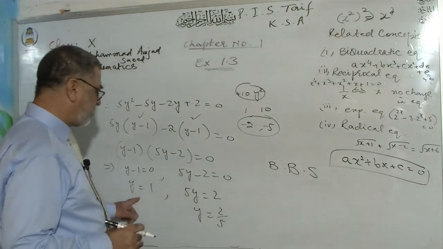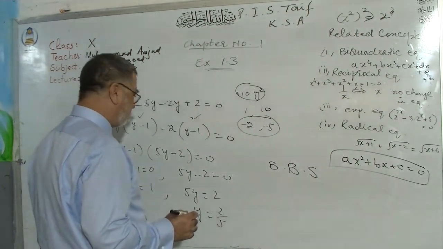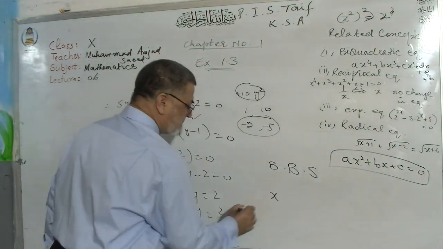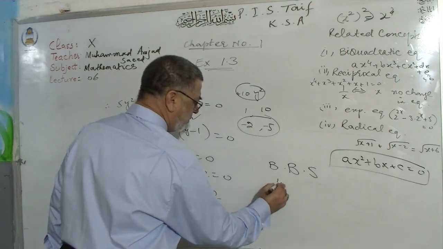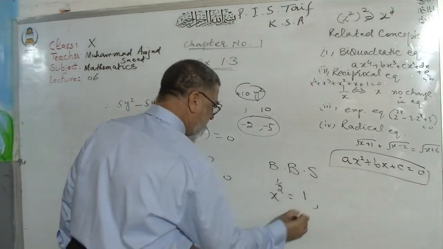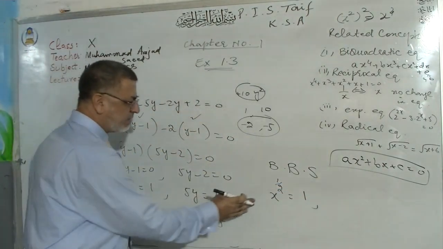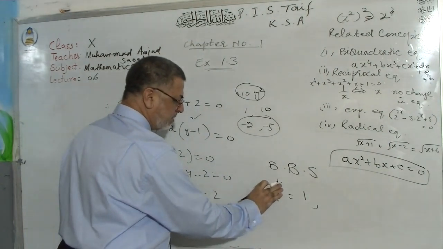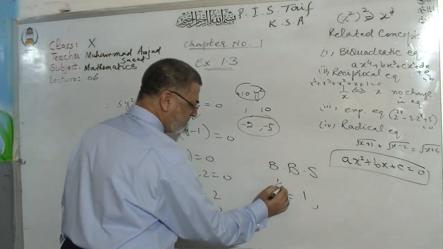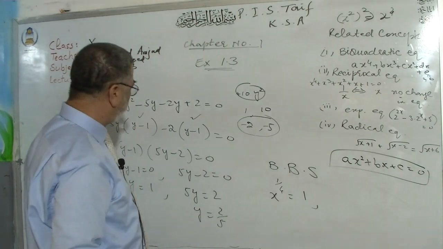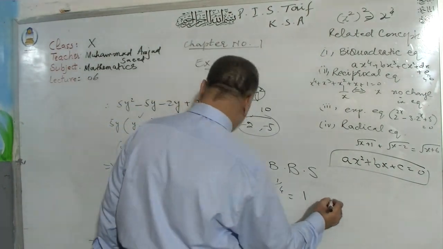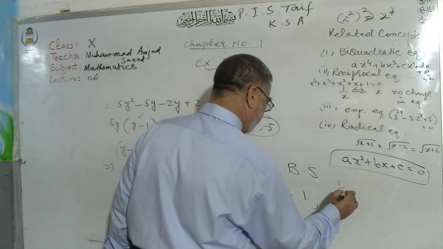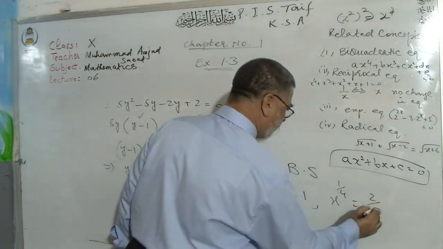By backward substitution, instead of y, you will write x power 1 over 2 is equal to 1. Or rather, it was 4, I think. Yes, it was 4. x^(1/4) is equal to 1, and x^(1/4) is equal to 2 over 5.